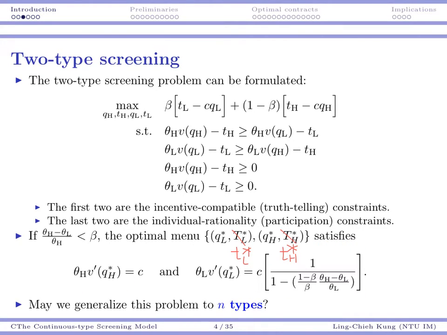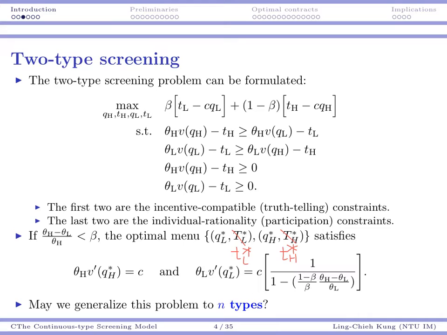And we mentioned that this tells you that we have efficiency at the top. For the high type, the quantity is efficient. Here we have downward distortion: for the low type, the quantity is distorted downwards. We also have monotonicity. We also have no rent at the bottom. If you have forgotten what they are, you probably need to do some brief reviews.